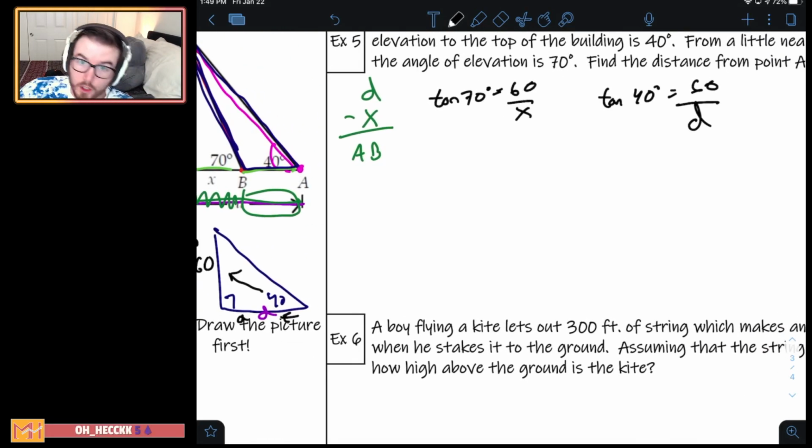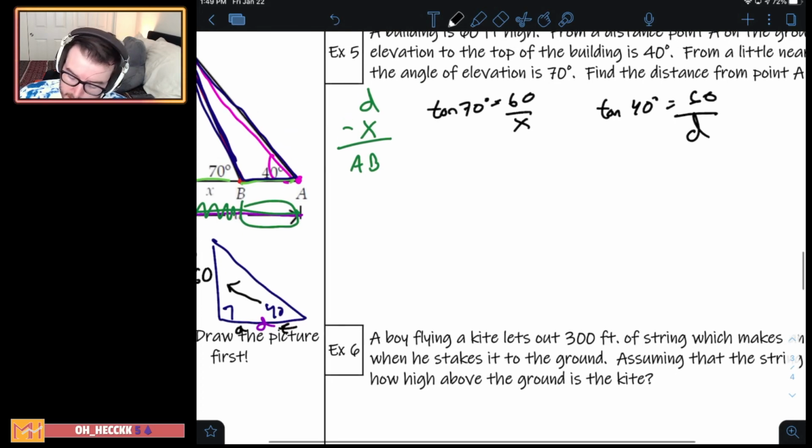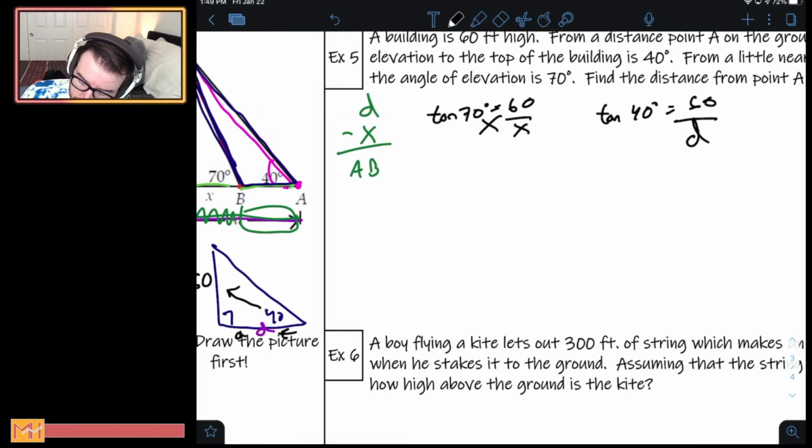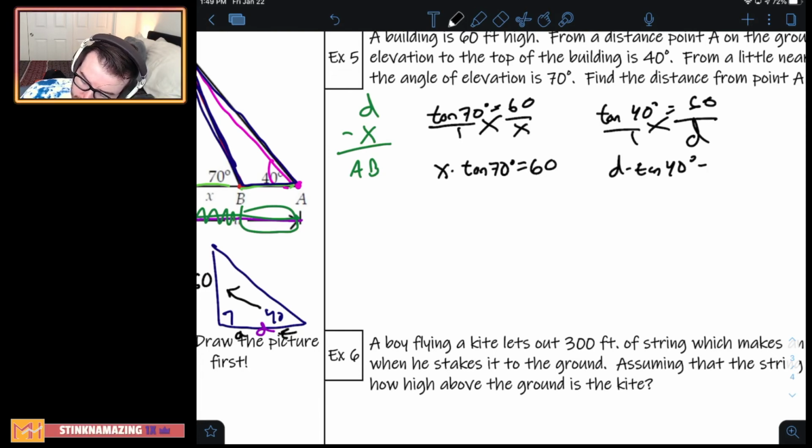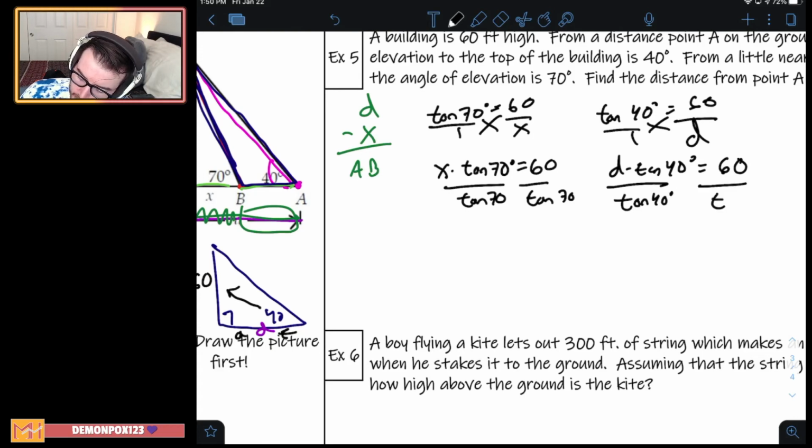Let's do it. Cross multiply. I'm going to solve them simultaneously. And now, what do we do to get X on its own? We divide it away. You're not just dividing by 70.